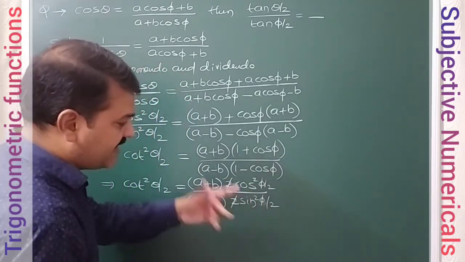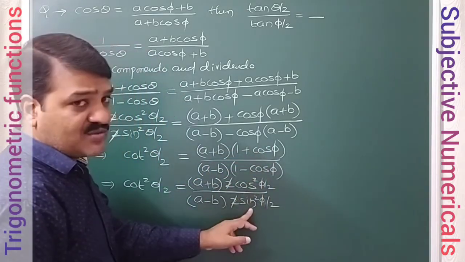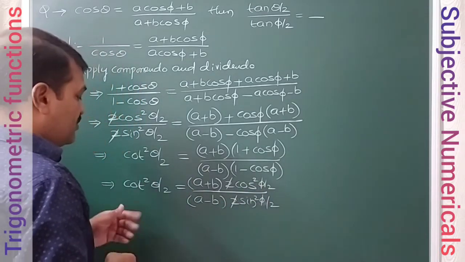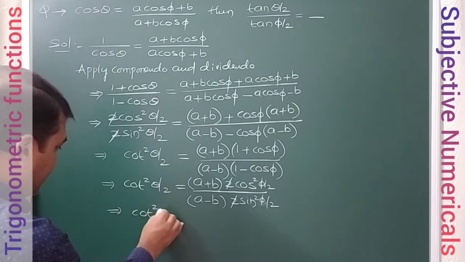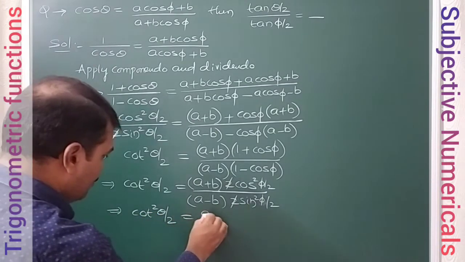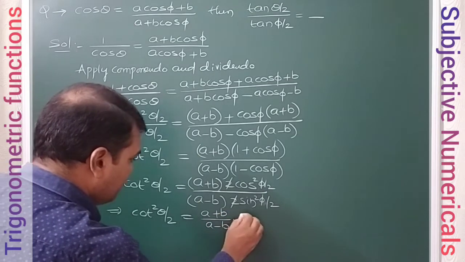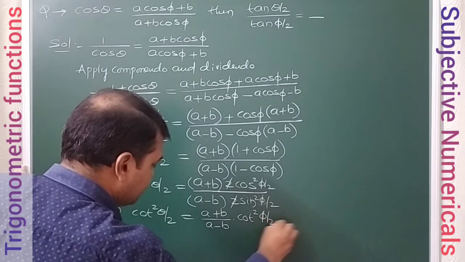So cos by sin, cot square. So 1 plus cos by 1 minus cos means cot square phi by 2. You have to remember directly of course. So therefore the next step we will get cot square theta by 2 is equal to a plus b by a minus b into cot square phi by 2.